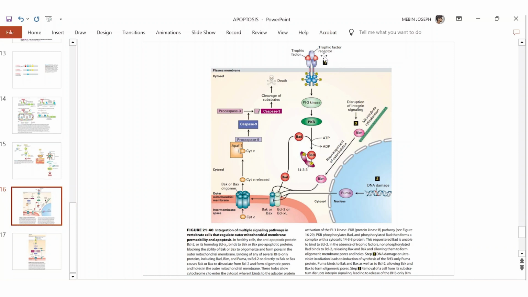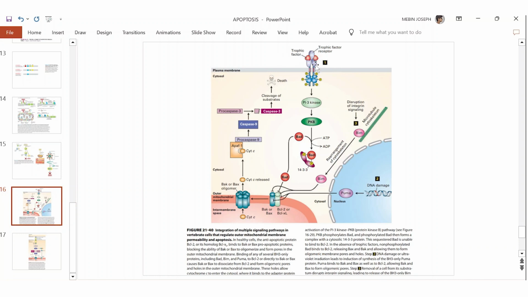The first case is that the signal will be generated within the cell if there is absence of growth factor or trophic factor. Here you can see it's a growth factor receptor, which binds with the growth factor. Suppose a growth factor is present.